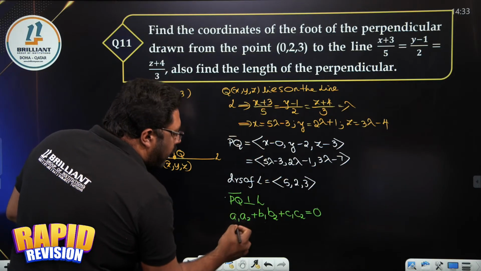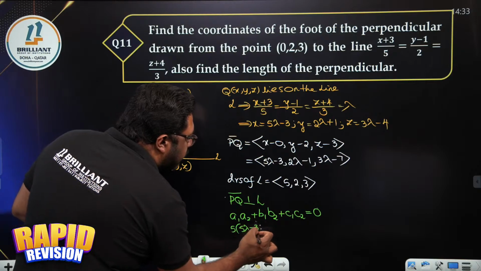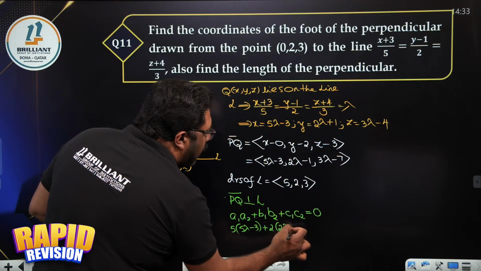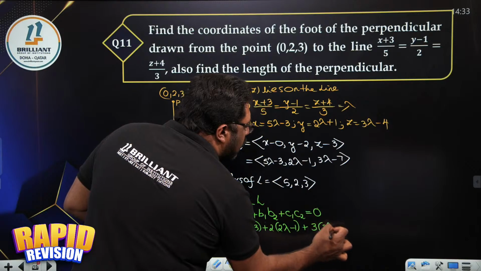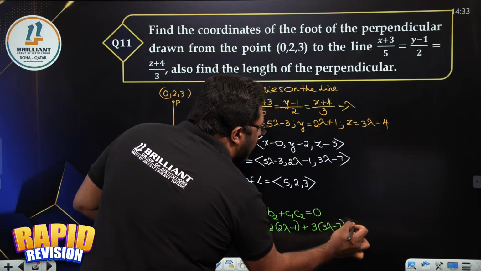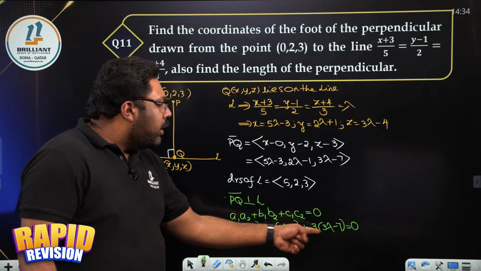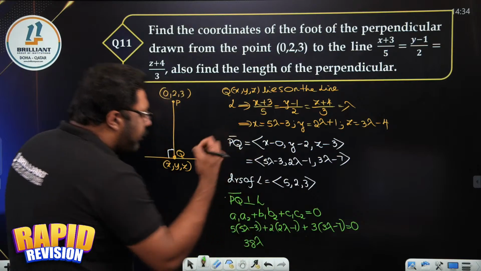Multiply 5 with 5 lambda minus 3, 2 with 2 lambda minus 1, 3 with 3 lambda minus 7 equal to 0. 25 plus 4, 29 plus 9, 38 lambda.